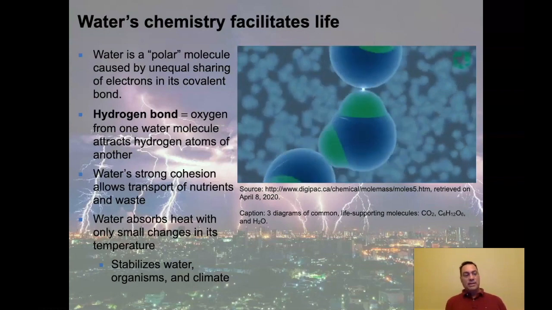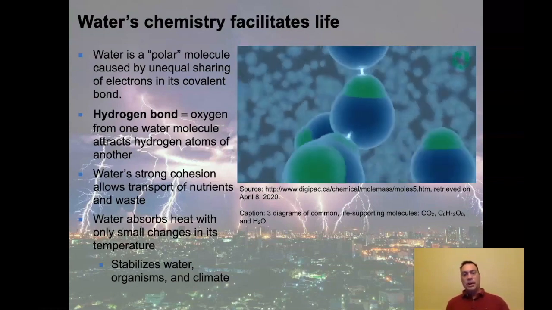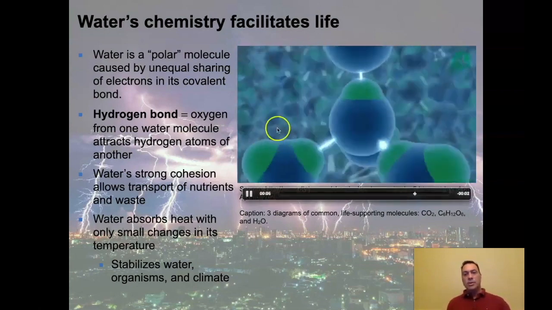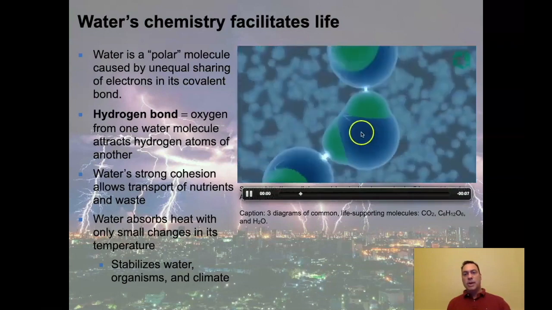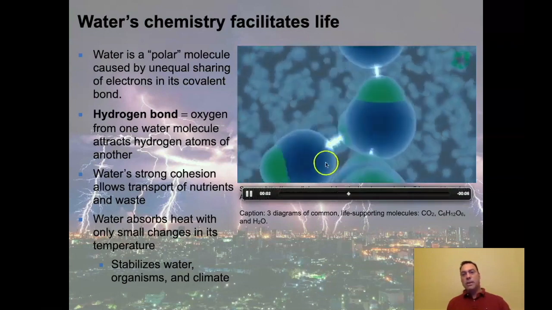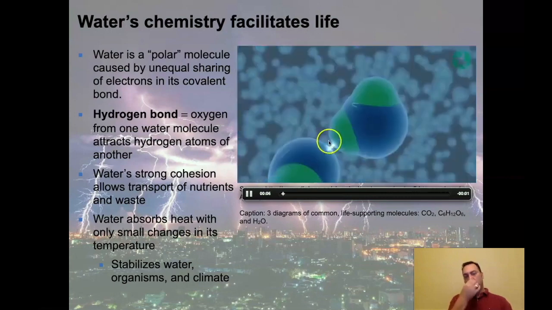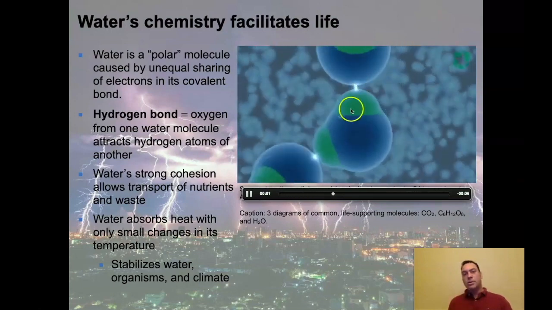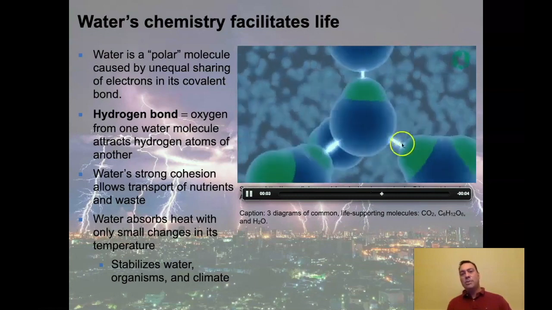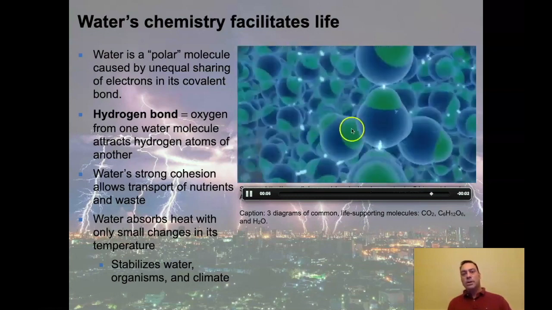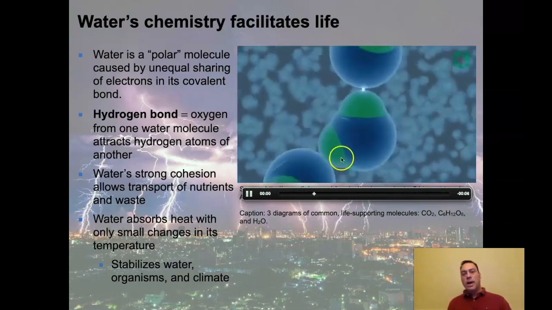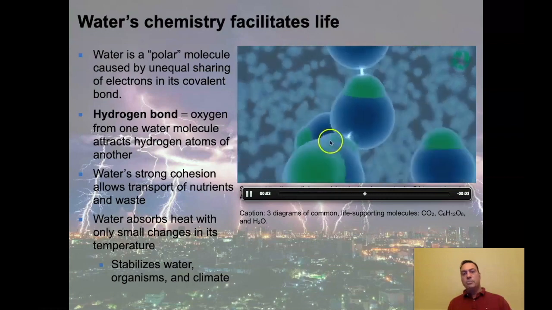So that means that it's kind of strange, kind of ironic, that while it has its own hydrogen, each oxygen has also got a slight electric charge, or a slight bonding charge towards other molecules of water. And so this oxygen here will then bind to hydrogens through something called a hydrogen bond.